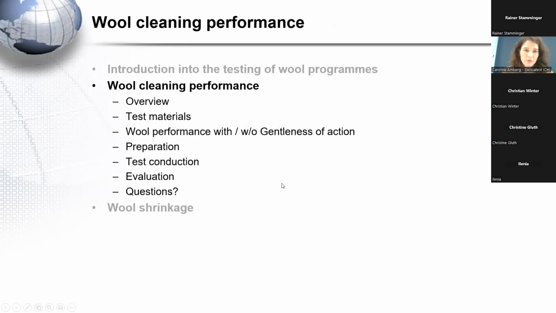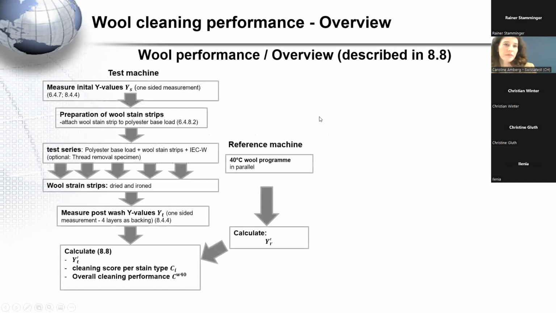We will come now to the wool cleaning performance. Wool cleaning performance follows the same principle as standard cleaning performance or cold water cleaning performance. In a first step, you measure the initial reflectance value of the wool stain strip, and then you attach the wool stain strip to the polyester base load item.